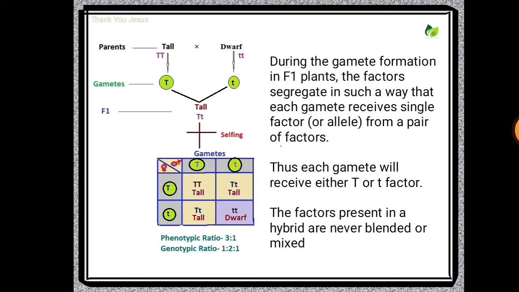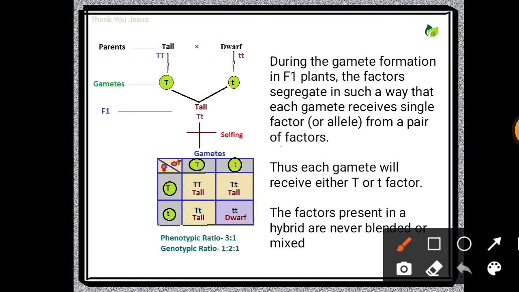Here you can see the picture carefully. Thus, each gamete will receive either capital T or small t only. So, during gamete formation in F1 plants, the factors, nothing but the alleles present in the F1 plant, segregate into capital T and small t.